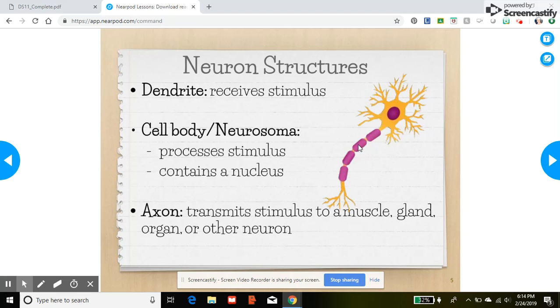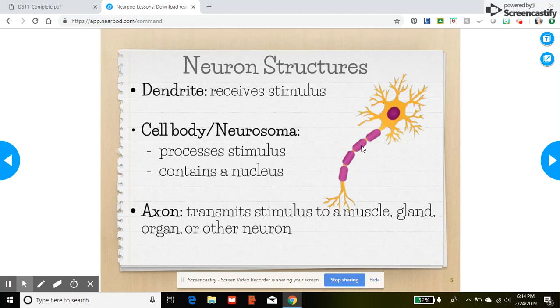Then you have the axon, okay? And it's this entire tail that goes down to these little branches that come off. So the axon itself is one very large bundle of fibers, okay, and that splits off. So this is going to transmit a stimulus to a muscle, to an organ, to another neuron, if it's continuing the path, wherever it needs to go.